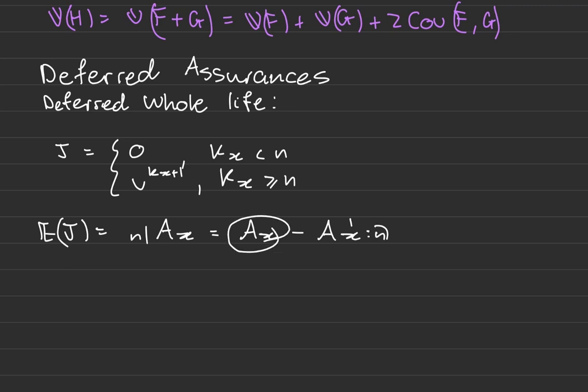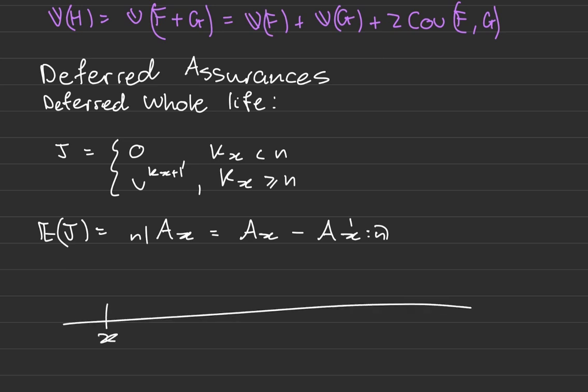Now this A_x is a whole life assurance contract, not deferred, and this A_{x:n}^1 is a term assurance contract. So when I take a whole life contract for someone now aged x, and here they're aged x plus n, this is a whole life.